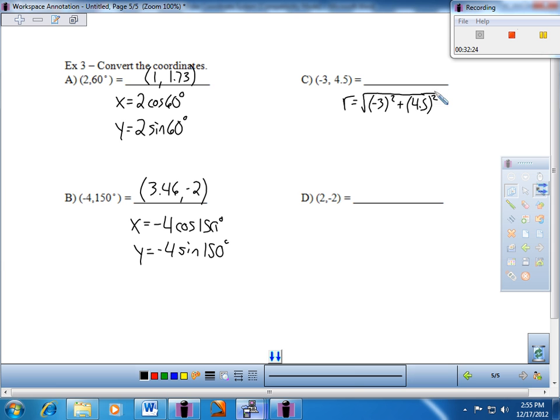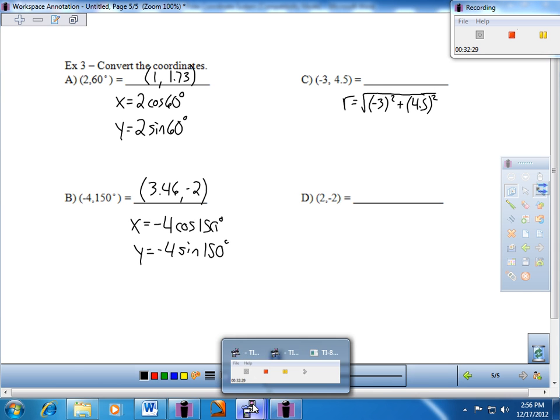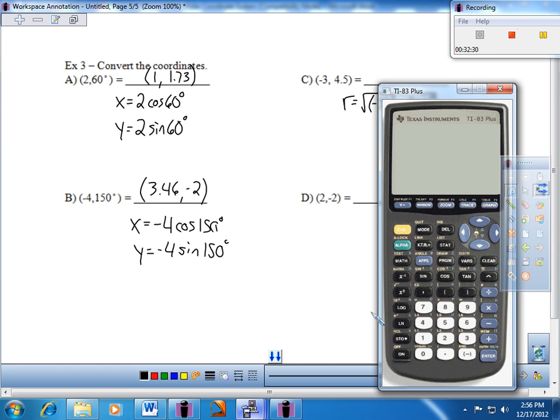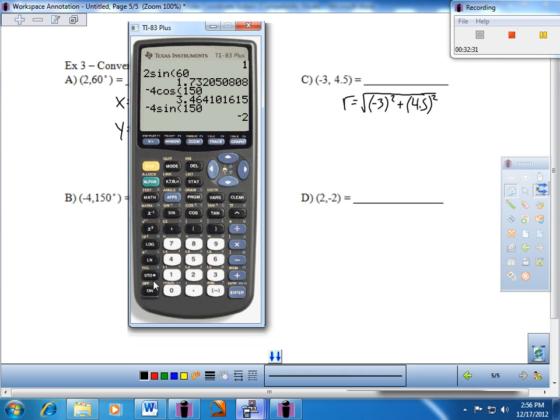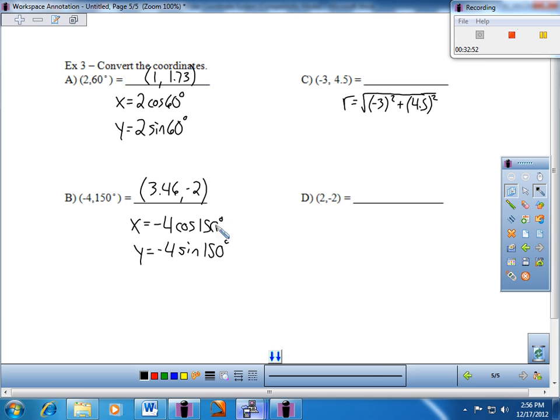So I'm going to bring my calculator up and move it on over. And let's see what we end up getting. So I'm going to do square root and then negative 3 squared and 4.5 squared. Just be careful about squaring a negative. Must have that in parentheses. And I'll just close it off for kicks there, but ooh, what happened there?